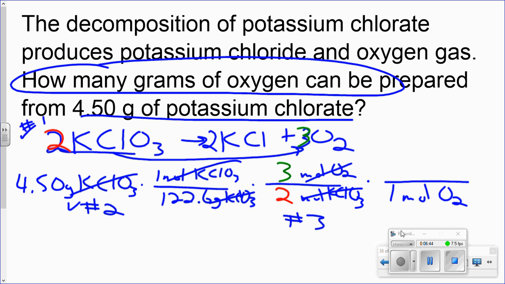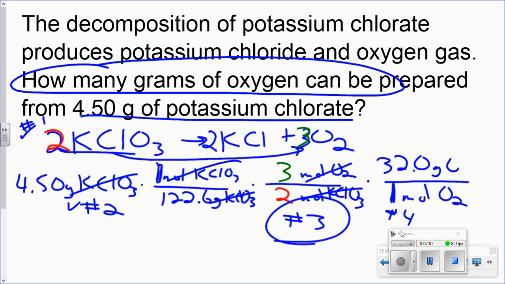I didn't say this before, but the only time you could have a number other than 1 is in step 3, the mole ratio. It might be 1, depending on the coefficients, but that's the only step you could have a number other than 1. Notice step 2, we're back to 1. Step 4, we're back to 1 mole. And 1 mole has a mass of 32 grams of oxygen.